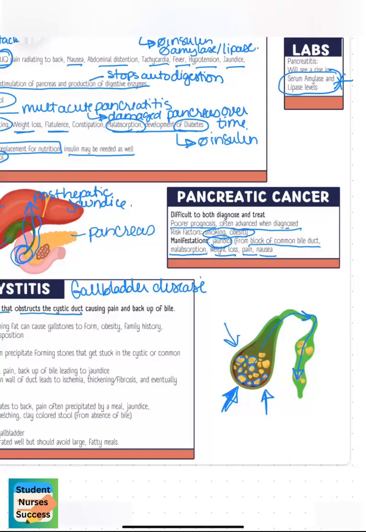However, if there's stones, it can squirt these stones out, and these stones get lodged here and cause pain. In addition, what we see is a backup, and actually, this will back up this cystic duct into the liver. And so we actually see a backup of bile into the liver, causing jaundice. And that's pretty much the process there.